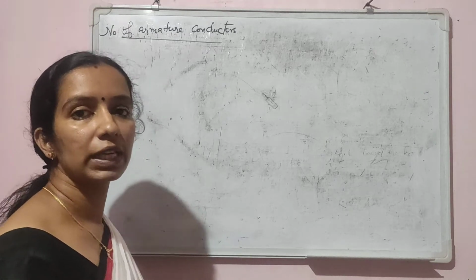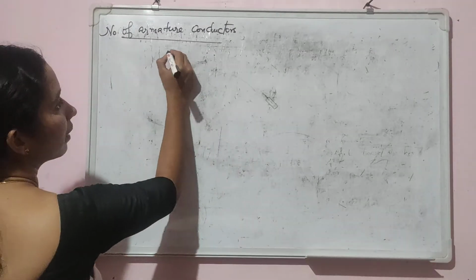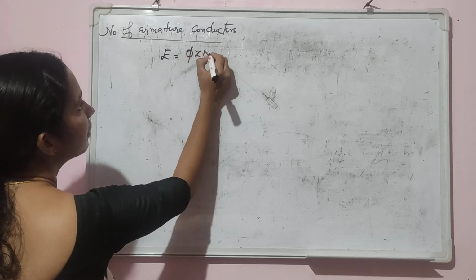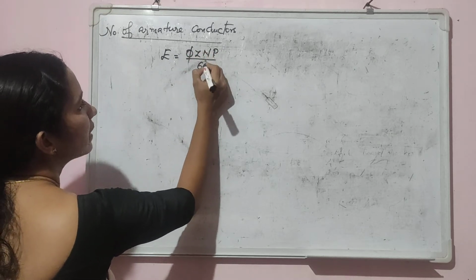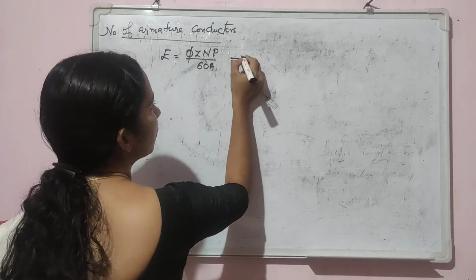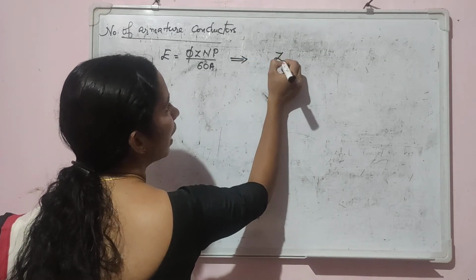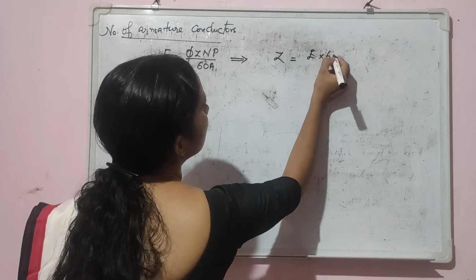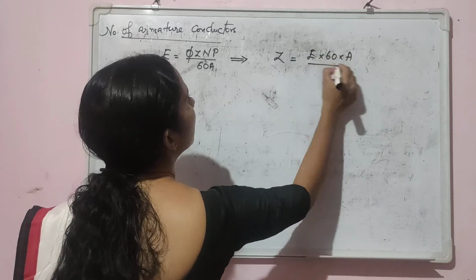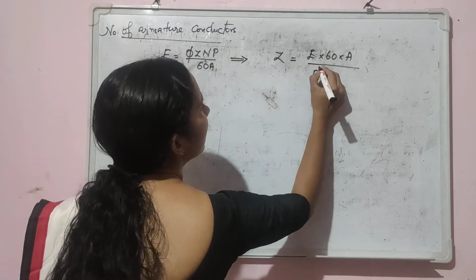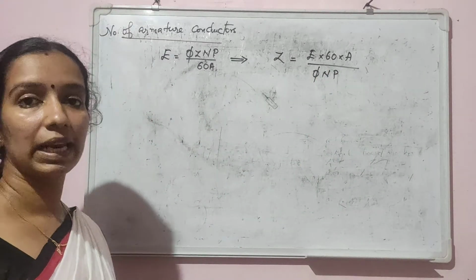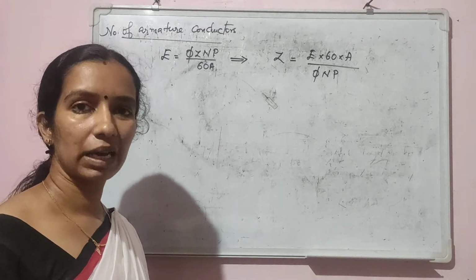We already know the equation for induced EMF in the armature: E is equal to phi Z N P divided by 60A. So from this equation, we can write the number of armature conductors Z as E into 60 into A divided by phi N P.